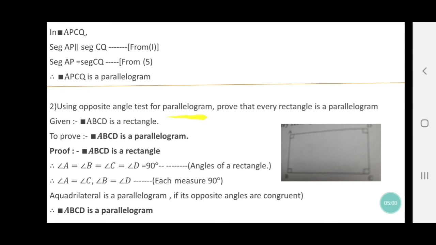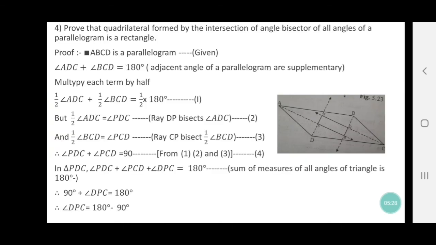In a rectangle, we all know each and every angle is 90 degrees. So angle A is equal to angle C and angle B is equal to angle D, each 90 degrees. Here opposite angles are congruent, so the given quadrilateral is a parallelogram. Clear?